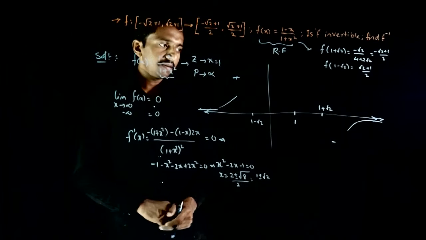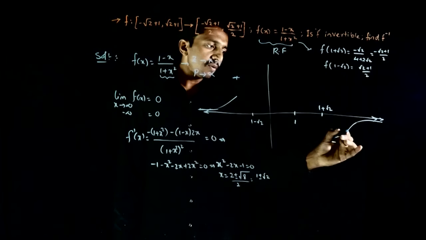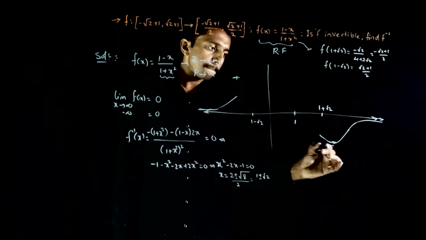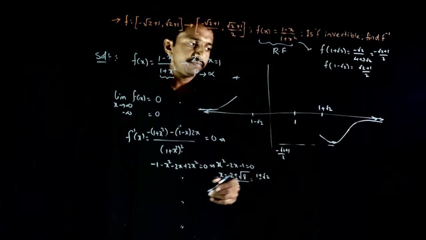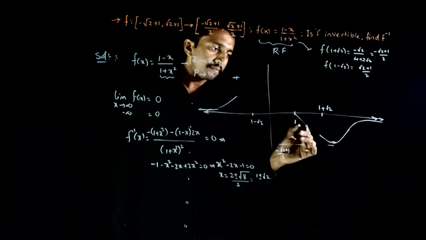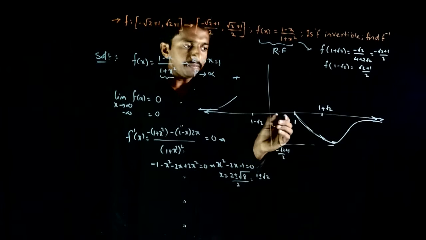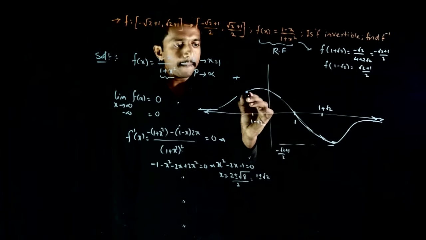This means at 1 + √2 the value of y is (1 - √2)/2, okay, this is a minima, this is (-√2 + 1)/2. And at 1 the value is 0, so the graph is like this: at 1 the graph is 0 and at 1 - √2 the graph has a maximum.